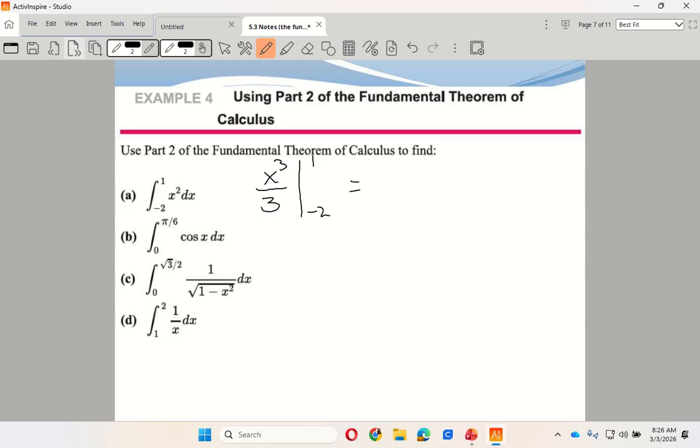Top minus bottom, so it's going to be 1/3 minus -2 to the third over 3. So that's going to be a -8/3, so it becomes +8/3. So that's 1/3 and 8/3, which gives me 9/3, which is 3.